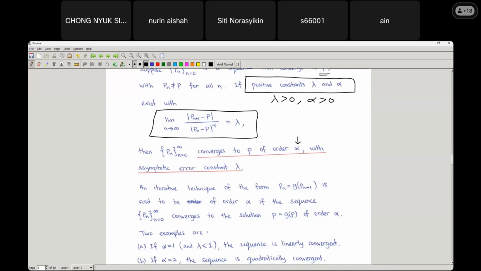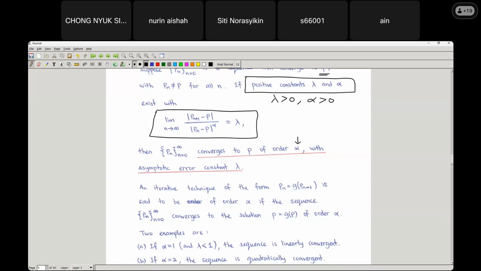Always remember in the exam, sometimes we do not give you alpha equal to 1 directly, but we write it in words. For example, given a sequence Pn that converges to 10 of order 1 with asymptotic error constant 0.5, you should know that P is equal to 10, alpha is equal to 1, and lambda is equal to 0.5.